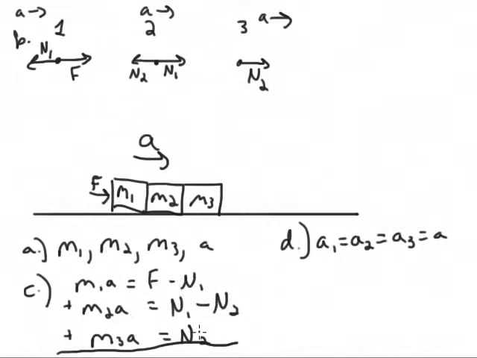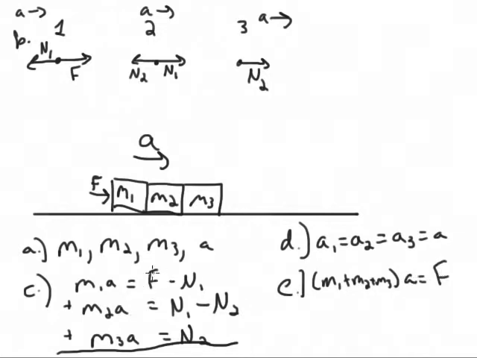We have a minus N2 and an N2 there, so that's going to cancel. So we're just going to end up with F on the right, and then it's just going to be M1A plus M2A plus M3A. You can factor that out. So we get M1 plus M2 plus M3, all of that, times A equals F.